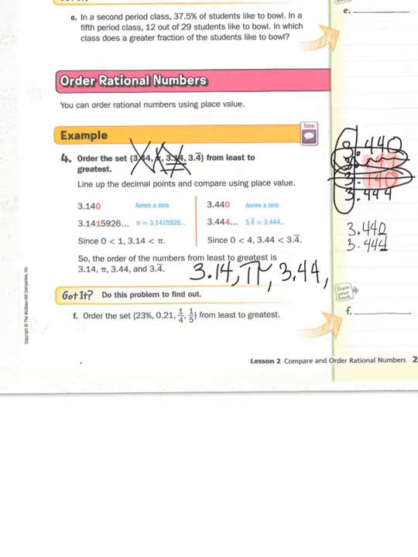And finally, the largest number given in that set would be 3.4 repeating. Okay, so this would be our final answer right here. That would be the order from least to greatest. So why don't you go ahead and try the got it in part F, see if you can order those again from least to greatest, and then come back and see how you did.